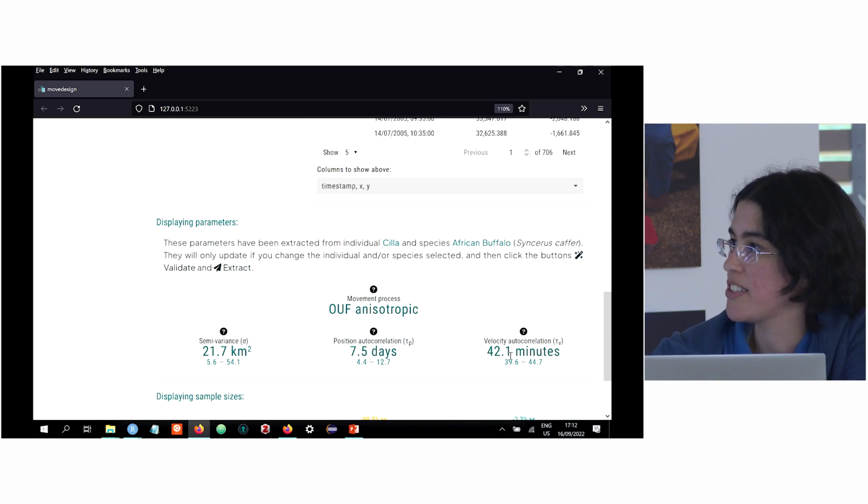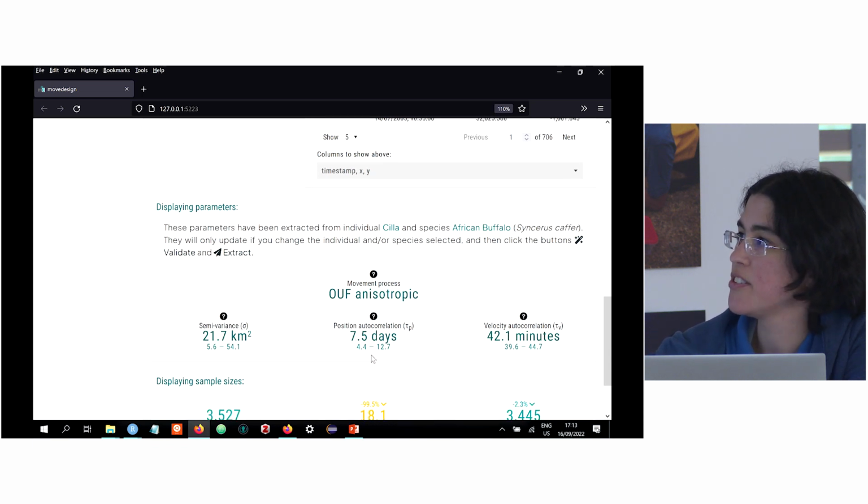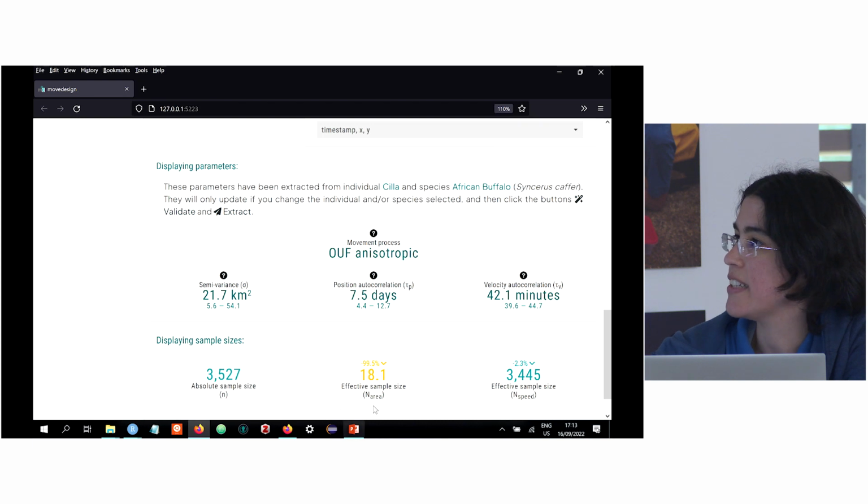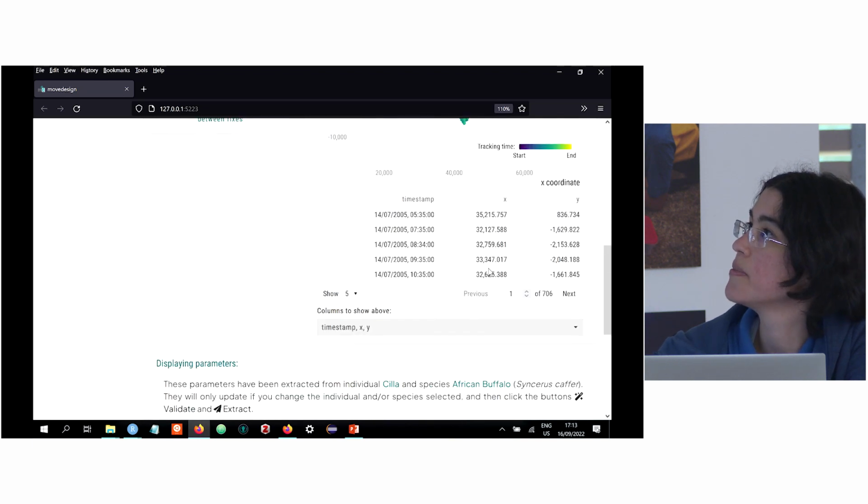And these are the parameters that are going to help us decide, okay, if I want to answer my home range question, how much do I need to track this species for? You can also see the sample size associated with the specific tracking data set. And obviously we want at least enough to extract those parameters.